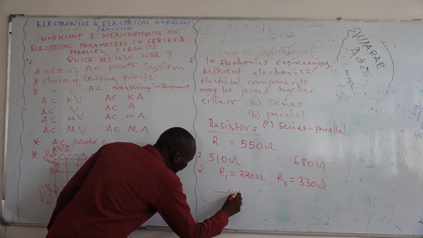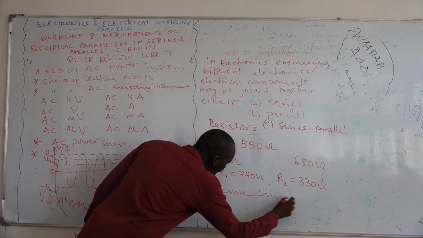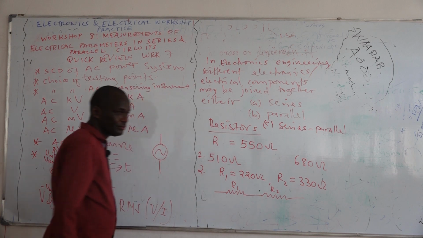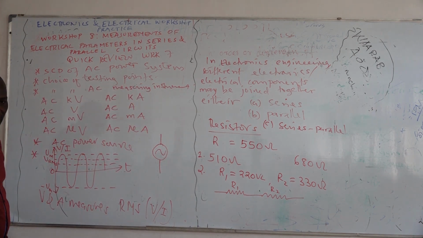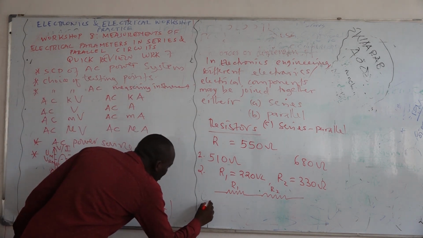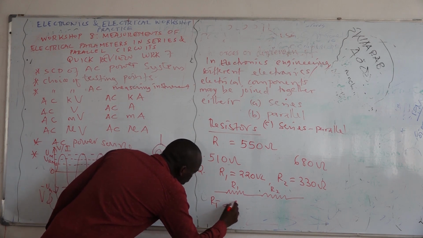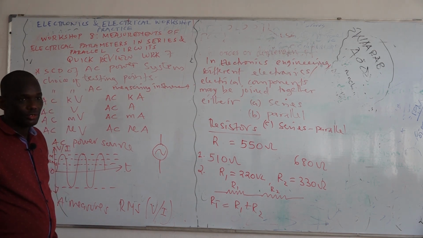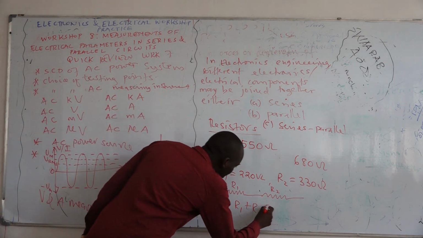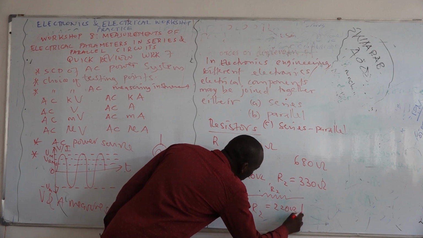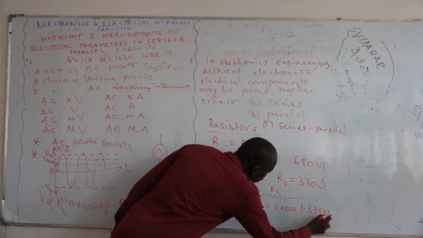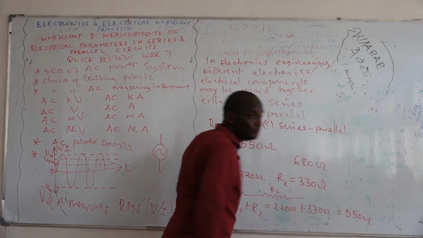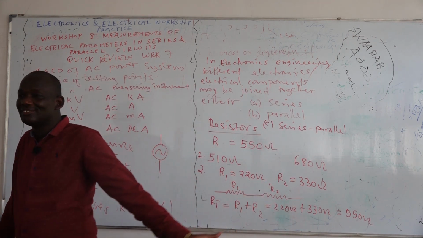So I can join R1 with R2. This is R1, this is R2. Then the total resistance will be R1 plus R2. So here we have 220 ohm plus 330 ohm. This makes 550. Did I solve my problem?